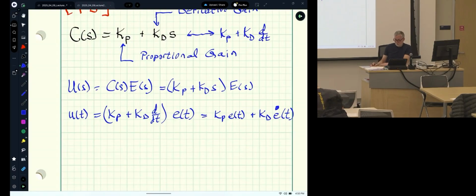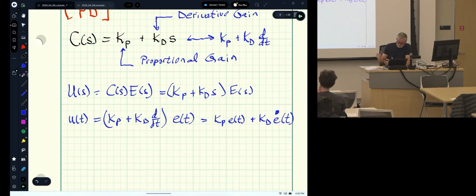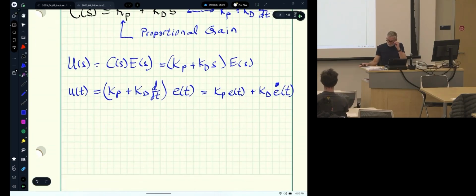And on Monday of next week, we'll delve more into the philosophy of why the derivative works from a philosophical point of view. For today, it's something that will allow us, as you'll see, to modify the terms in the denominator of a transfer function.